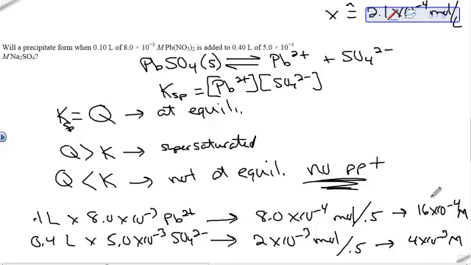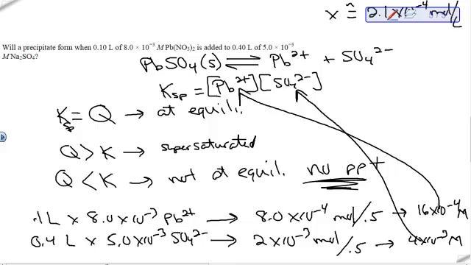So if I substitute those values respectively here and here, I get 6.4 times 10 to the negative sixth.